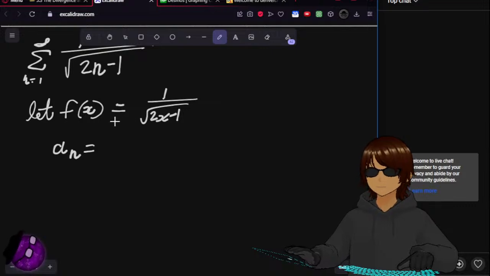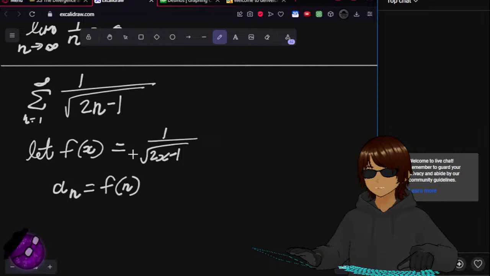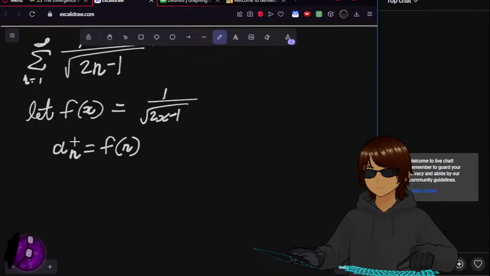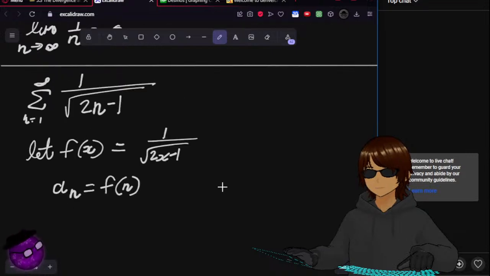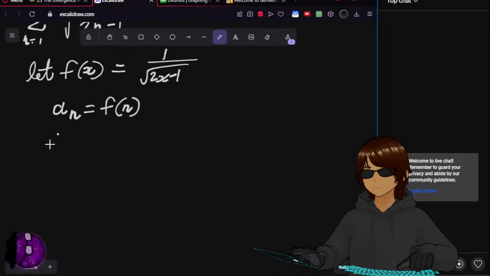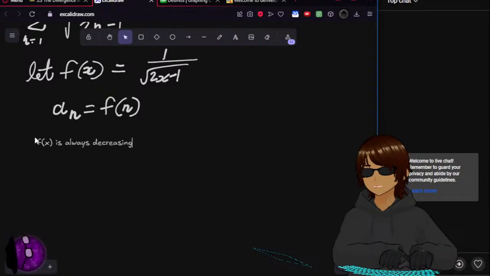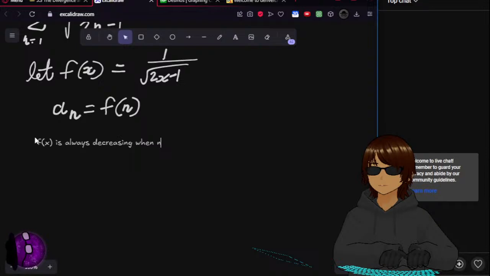a n is equal to f of n. I'll write it in text: f of n is always decreasing when n is at least 1.